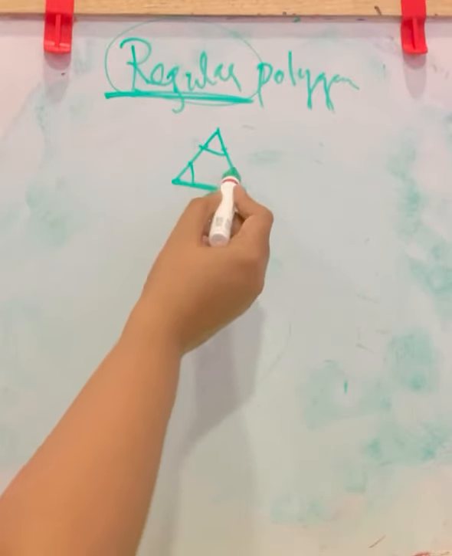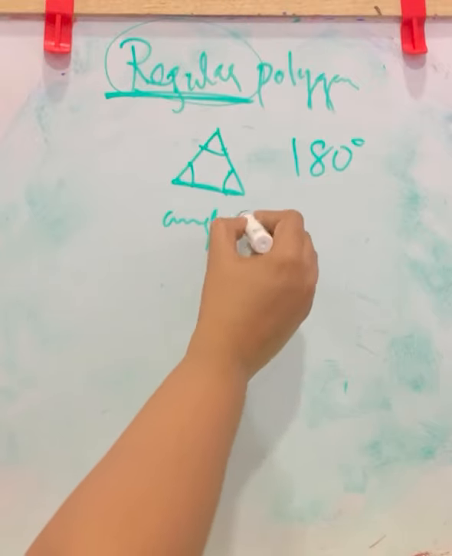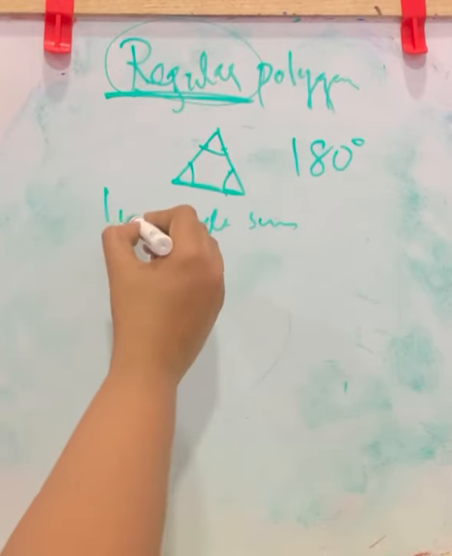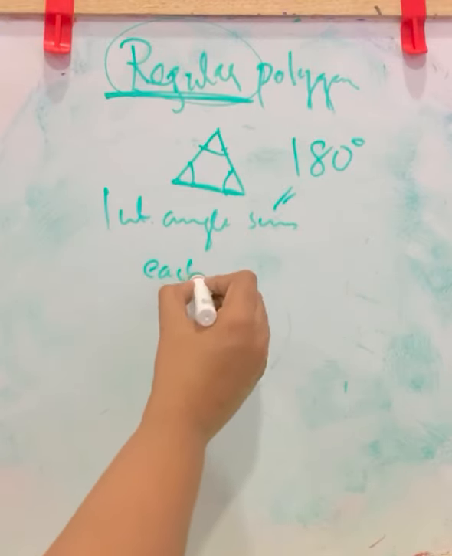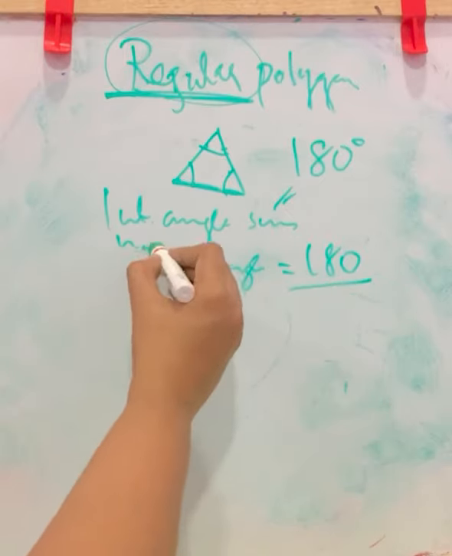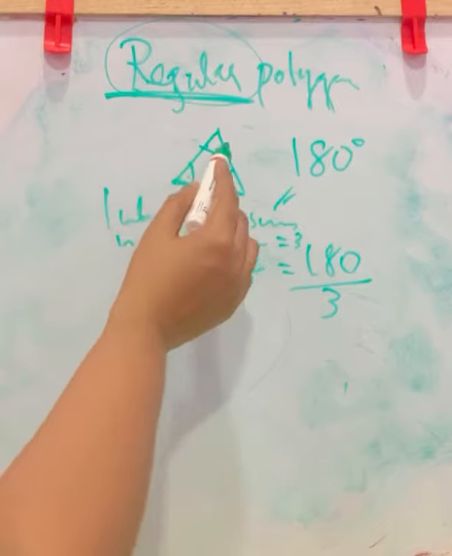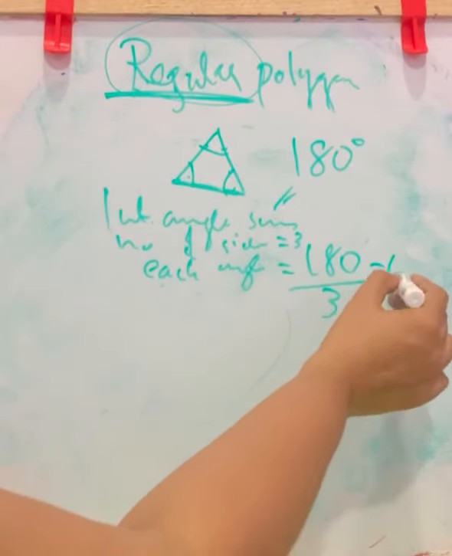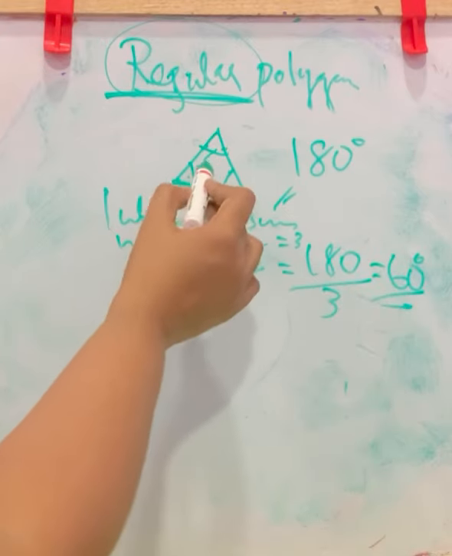We know the interior angle sum of a triangle is 180. So each angle will be equal to 180 divided by the number of sides, 3. So 180 by 3, you will get each angle, that is 60 degree. So the minimum angle in a regular polygon is 60.